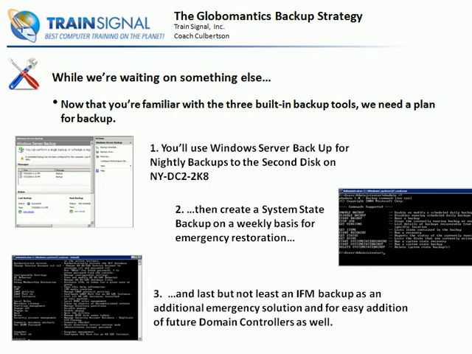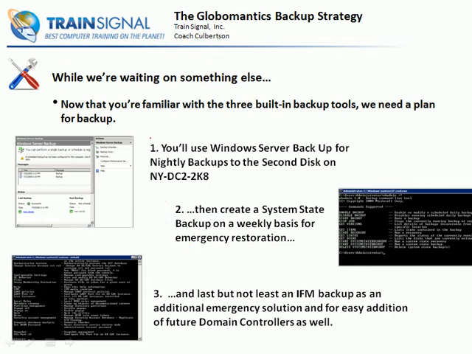And by the way, IFM is actually the smallest media size. So just as a quick reminder, and something that I'm going to probably say several times during this video, is that a full Windows Server backup is going to be the largest. Okay? System state backup is kind of the medium-sized backup, and your IFM backup is going to be the smallest backup. And each one of these backups has a different purpose.